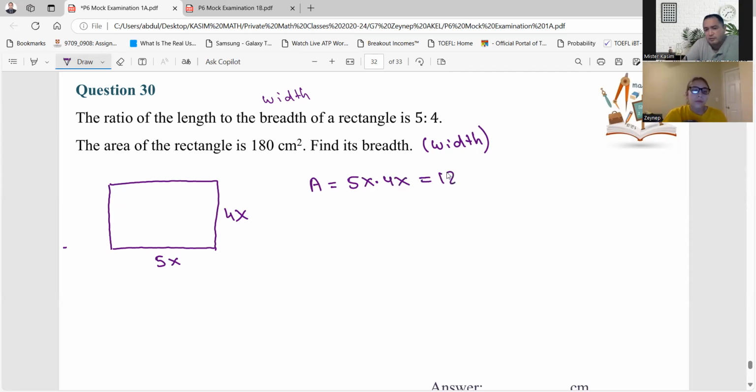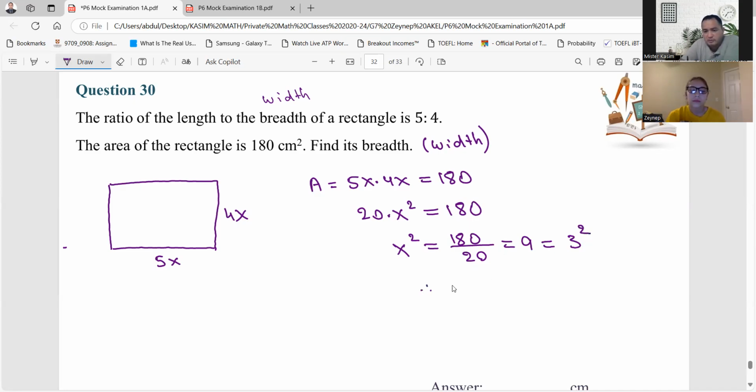That's equal to 180, right? 5 times 4 is 20. x times x is x squared. On the right hand side, 180. So this one is multiplied, divide both sides by 20. So 180 divided by 20, that's equal to 9. 9 is a square number. We can write it as 3 squared. x squared is equal to 3 squared. So the value of x should be equal to 3.